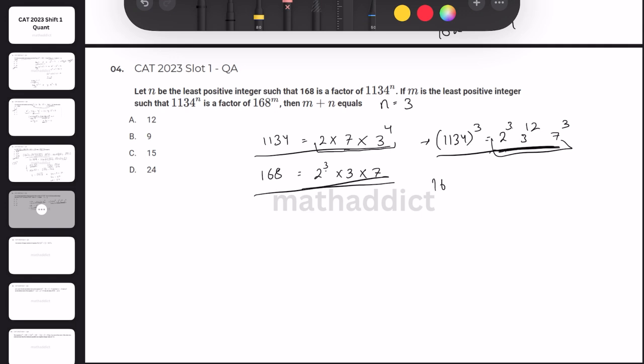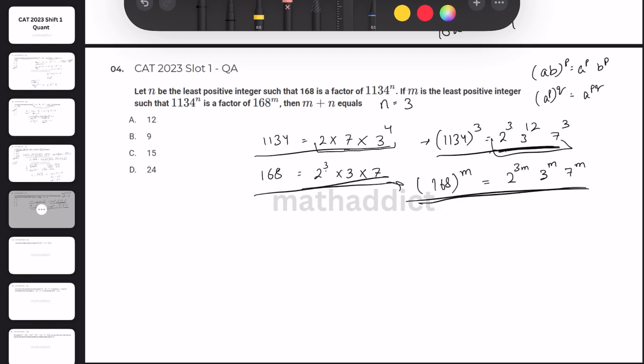So 168 to the power of m is... so here the identities we are using are (ab)^p = a^p b^p, and (a^p)^q = a^(pq). These two rules will explain this step.